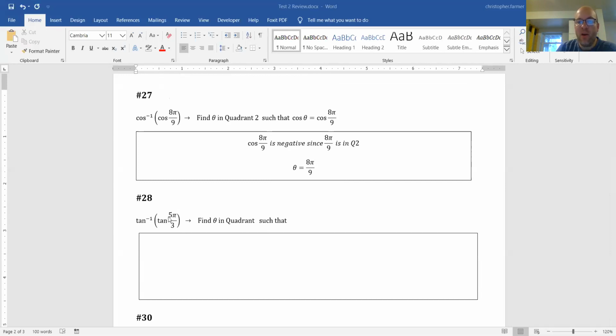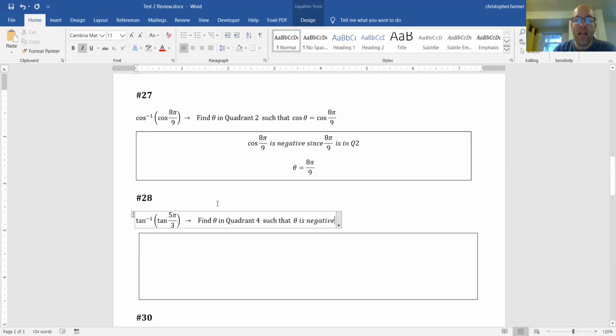So we need to know from our facts, what does inverse tangent do to a negative number? Well, inverse tangent for negative numbers are going to go into quadrant 4, but we have to be careful there. So they are going into quadrant 4, but we need to make sure that as we do that, our angle is negative. Right? We're not looking for something like 11 pi over 6 or 7 pi over 4 or 5 pi over 3.